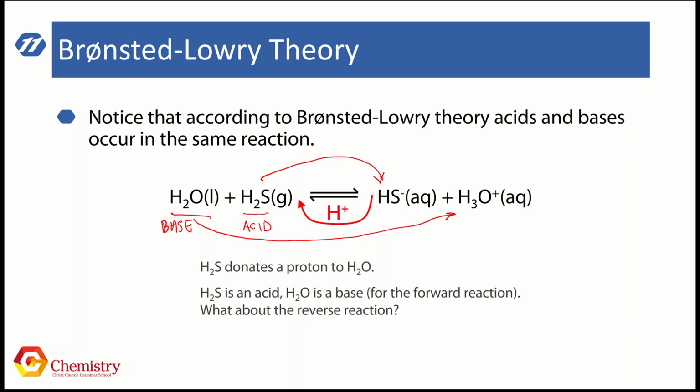So on this side, you can see that the base is accepting a proton. So H2O has gone up one hydrogen, therefore it's the base. The acid is the hydrogen sulfide gas because it has lost a proton. It's donated the proton to something else. Okay, now you can see that there's a double arrow in the middle.